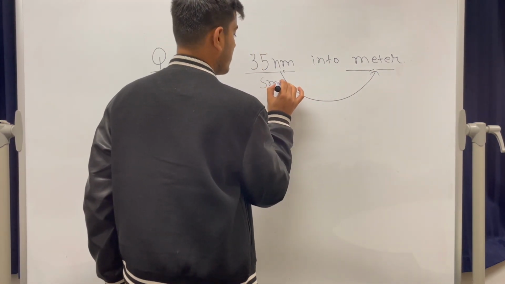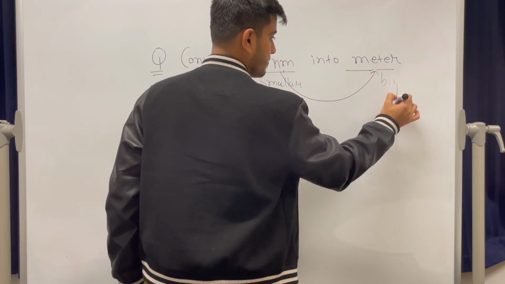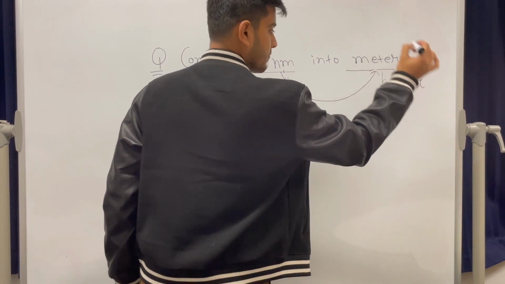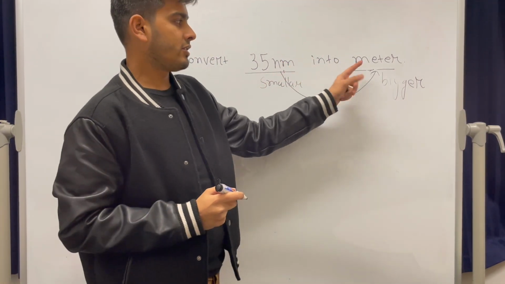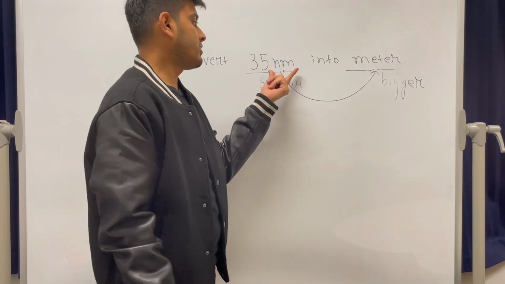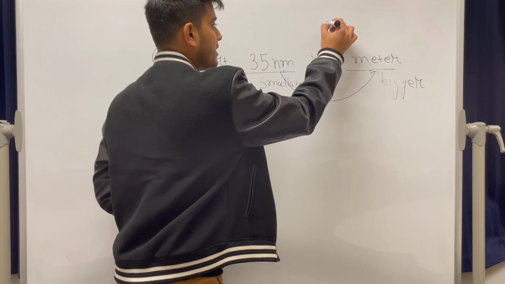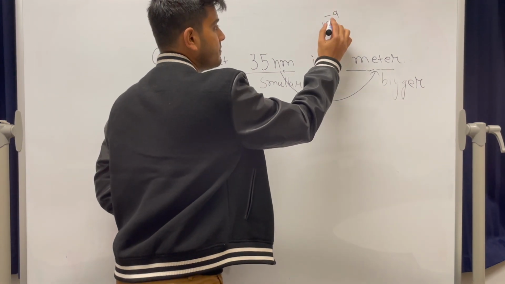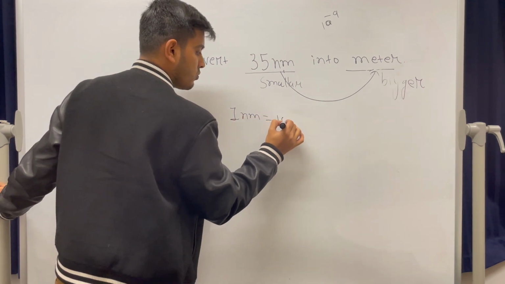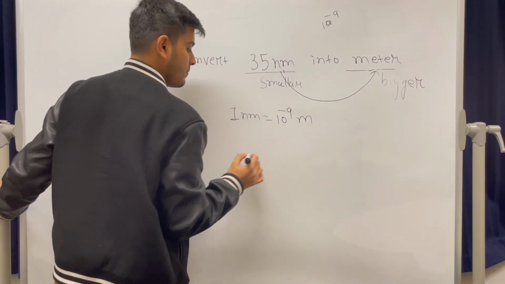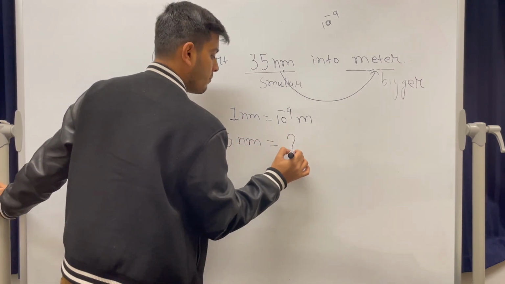Nanometer is our smaller unit and meter is our bigger unit. Meter is the baseline and nanometer is the lower unit. The difference is 10 raised to power minus 9. 1 nanometer is equal to 10 raised to minus 9 meter. Then 35 nanometer is equal to how much?